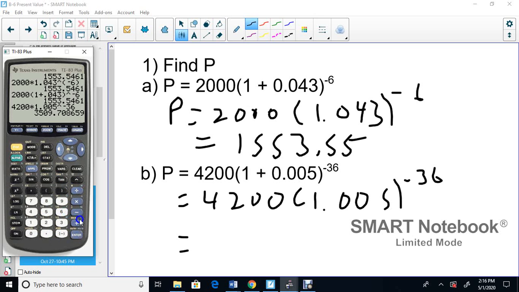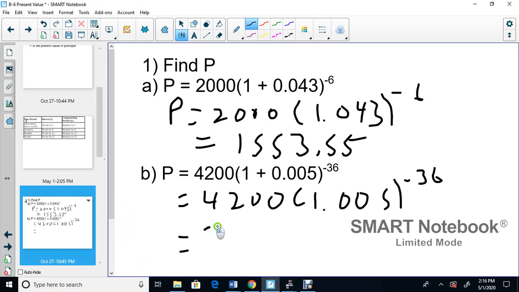And the answer is 3509.71. Now notice this number is always smaller than the 4200. Same here, the answer is smaller than that 2000.